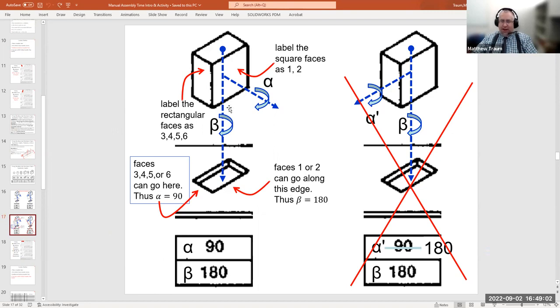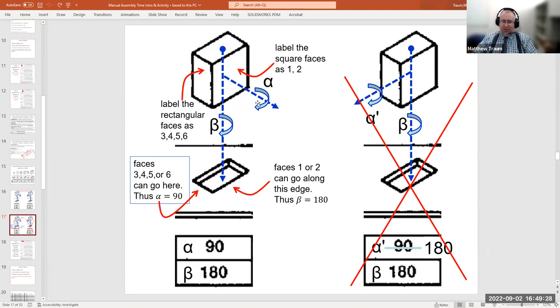And so here we're looking at how face 1 interfaces with this longer edge, right? I've got a little note here that says faces 1 or 2 can go along this edge, and faces 3, 4, 5, and 6 can go along this edge. And so because this orientation gives you a lower value of alpha than this orientation does, you always want to pick the lower value.